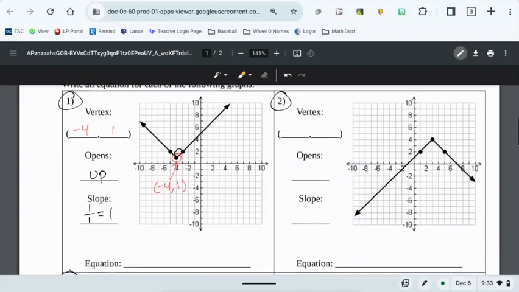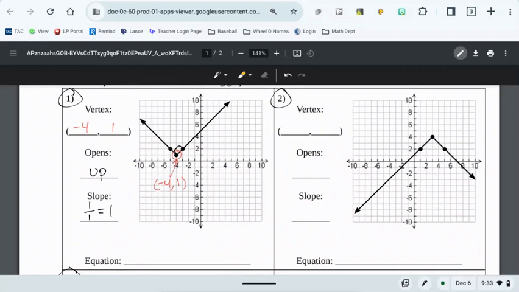So now we're going to put this into our equation, which is y equals a, which is our slope. So 1, absolute value, x. Now it's the opposite of our x value. So our x value is -4. So the opposite would be +4, plus 4. And then we're going to add whatever value we have for our y value, or k.